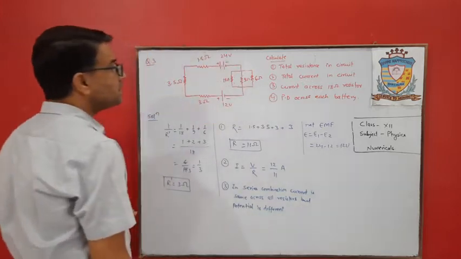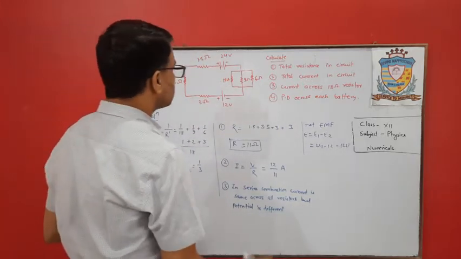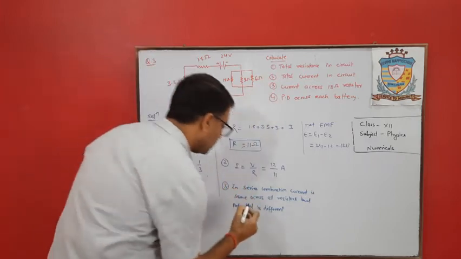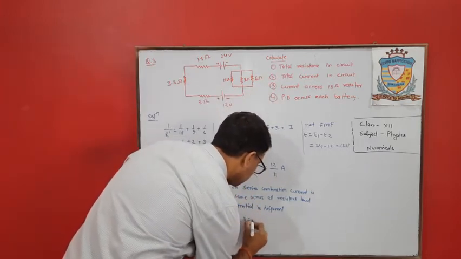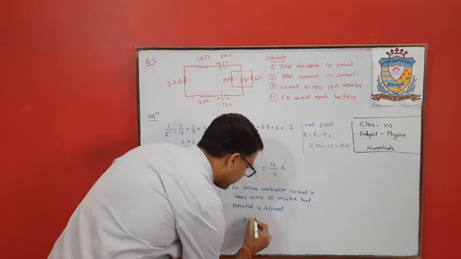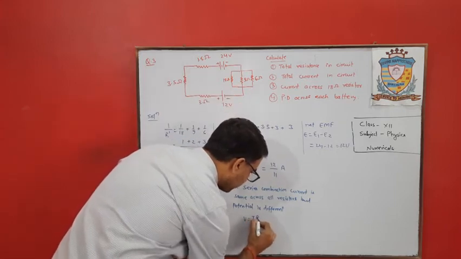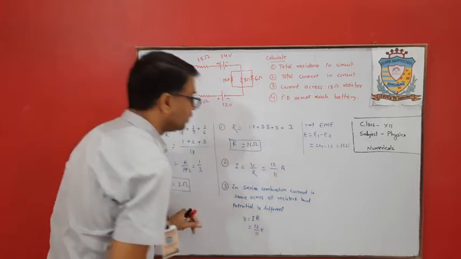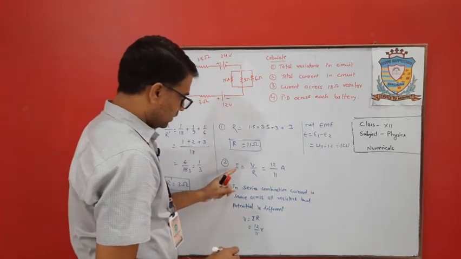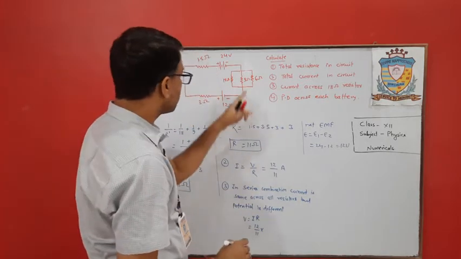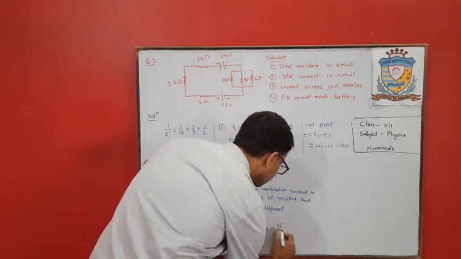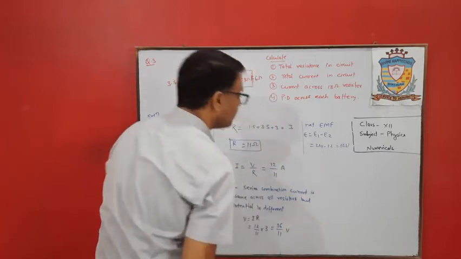So first we'll find the potential across each resistor. So this V is equal to I into R. Value of I is 12 by 11 into value of R is 3. That means 36 by 11 volt.